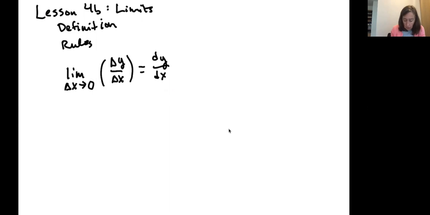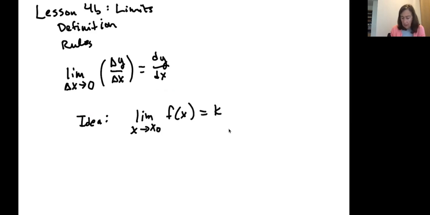Okay. So the overall idea of a limit, I'm going to write the limit slightly differently here. The limit as any variable x approaches some value x0 of any expression involving x, f of x, equals k.